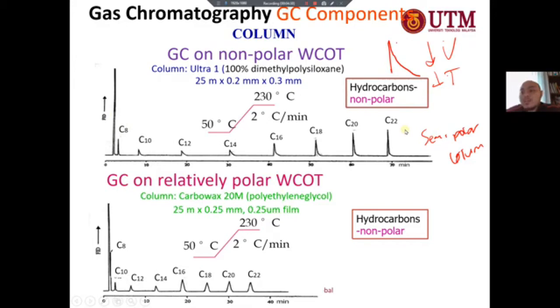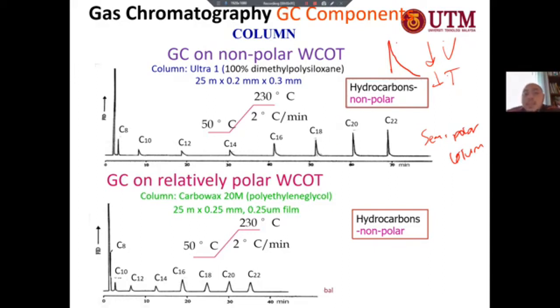Let's say you choose a non-polar column. Maybe the question further asks how you can improve the retention time. Maybe you can say increase the temperature programming, or change to a semi-polar column. Or maybe you can say increase the flow rate. That is the kind of thing that you can play around with.